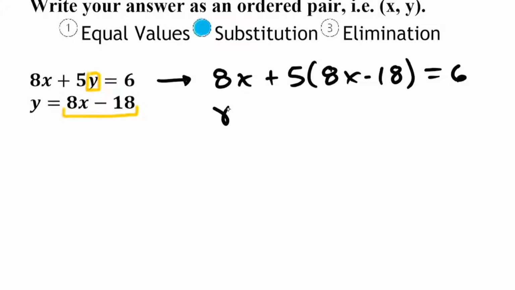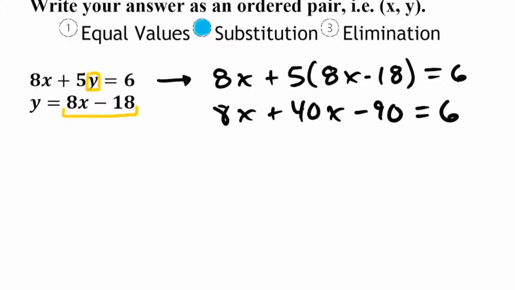Therefore, 8x plus 40x is equal to, let me grab a calculator. I have to multiply negative 18 by 5. I get negative 90. So this is minus 90, and that equals 6.